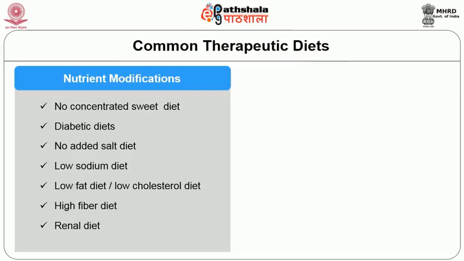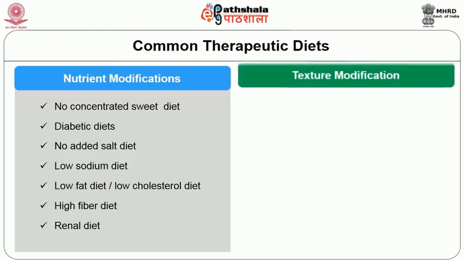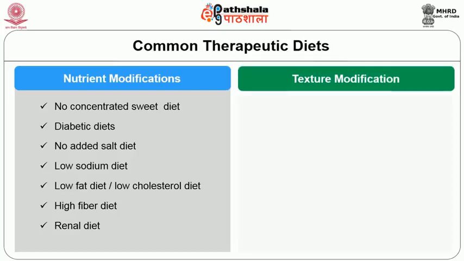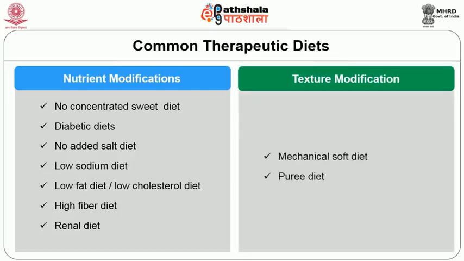Then no added salt, low sodium, low fat diet, and also low cholesterol diet, and a high fiber diet, which is also prescribed as a renal diet. Now when we look into the components in the textural modifications, these are of 2 types, which comprise the mechanical soft diet, which is the bland diet, and the second one, the puree diet.